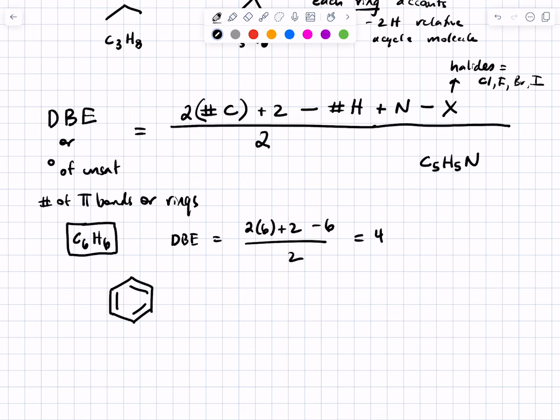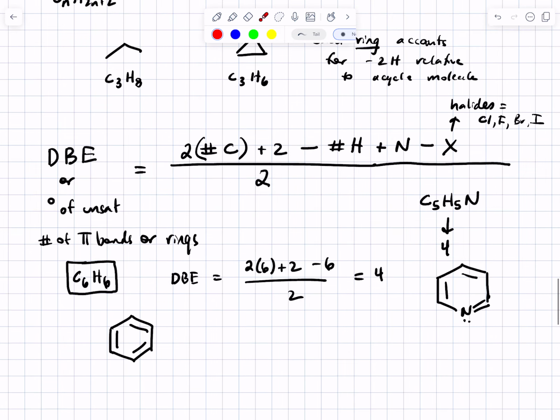How many double bond equivalents does that have? Two times 5 is 10, plus 2 is 12, minus 5 is 7, plus 1 is 8. Oh, it has 4. Right? So actually, this structure, there's only one way you could do it with that few number of hydrogens, and that's that molecule, which is called pyridine.